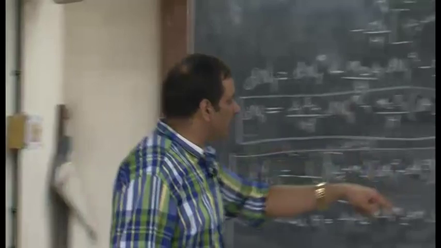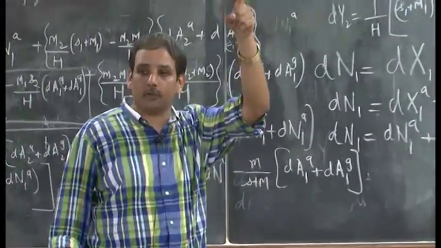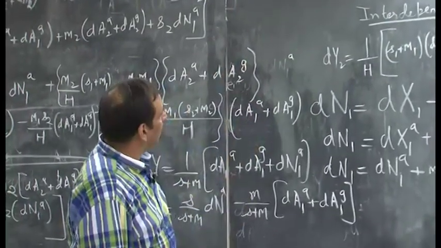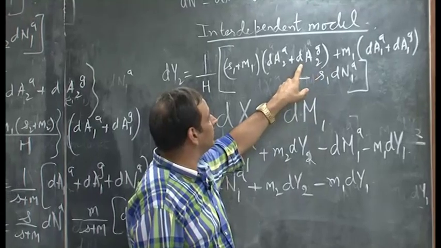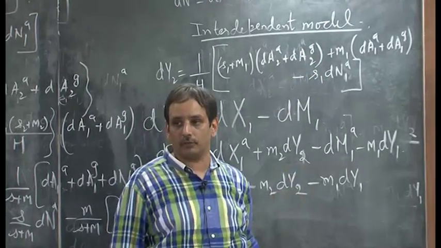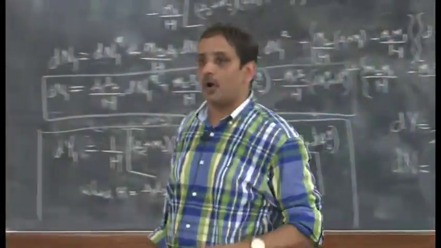Now, bring in the interdependent model. When you increase expenditures, their incomes also go up, because dy2 is a function not only of their expenditures but also of yours. So, when this goes up, their incomes go up, their imports go up, our exports go up.